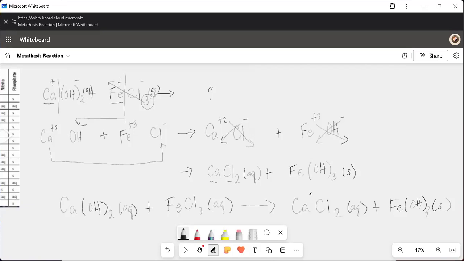Okay, again, I am not asking you to balance the equation. I am just teaching you how to create the product from a metathesis reaction. So another example.